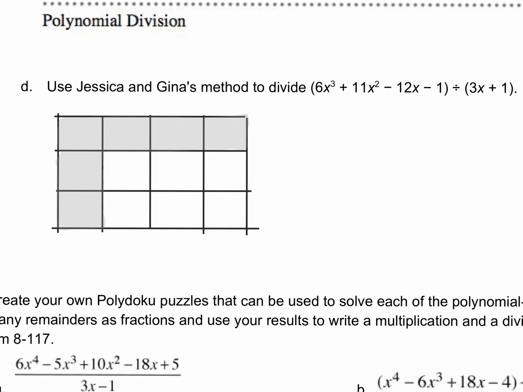Now, the second thing we're going to do is figure out what goes here. Well, that's going to come from what we're dividing by. So this 3x plus 1, that's what's going to go along the outside of our box on the column. Now, this piece is what goes on the bottom of our box.